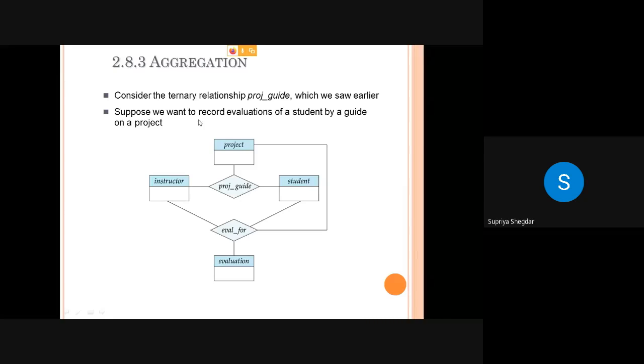Suppose we want to record the evaluations of the student by a guide on a project. Suppose the evaluation entity set is there, and that particular guide evaluates the project of the student and gives a report accordingly. Suppose we have to record this information.